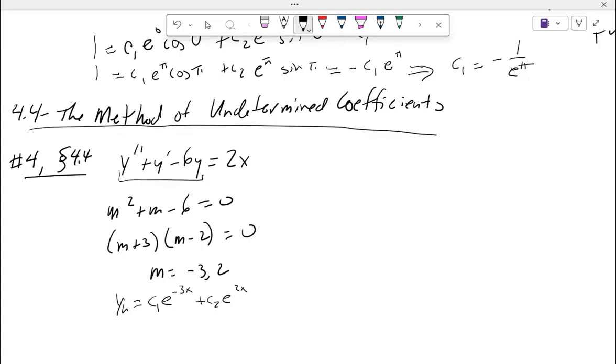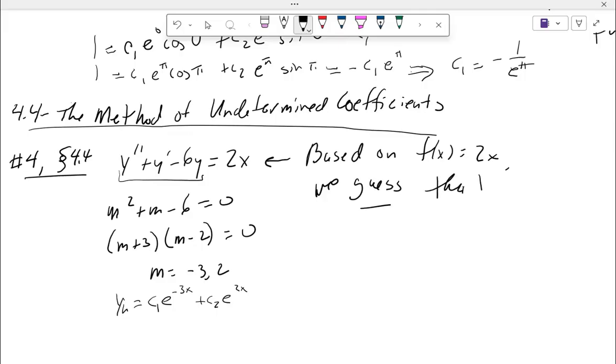So, what we're going to say is here, based on f of x equals 2x, we guess that our particular solution, which I'll call y sub p, looks like ax plus b.